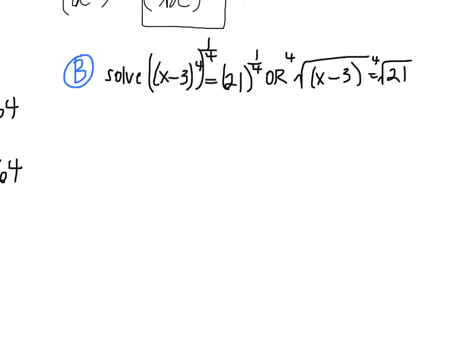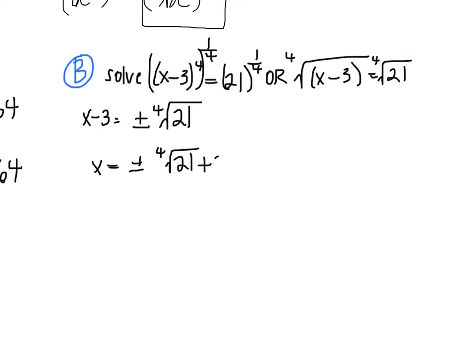So either way, we have x minus 3 equals plus or minus the 4th root of 21. And remember, we have plus or minus because n is even.